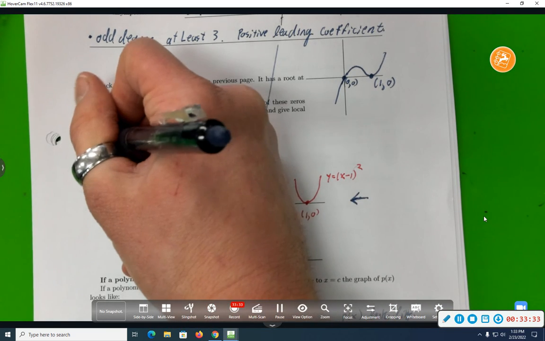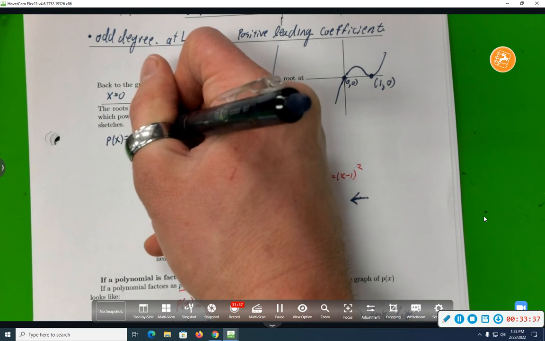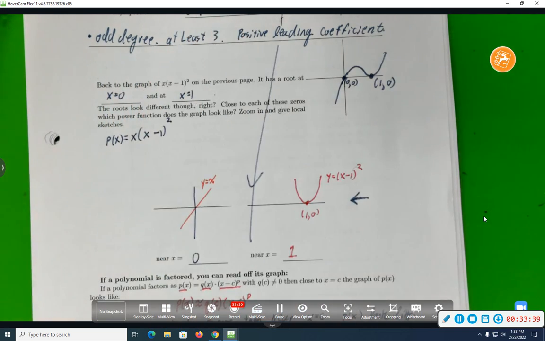So right here we see p of x equal to x times x minus 1 squared. So it has two roots, one at x equals 0, one at x equals 1. It's already factored. Which of the two factors gives you the 0 at x equals 0? The factor that's x.